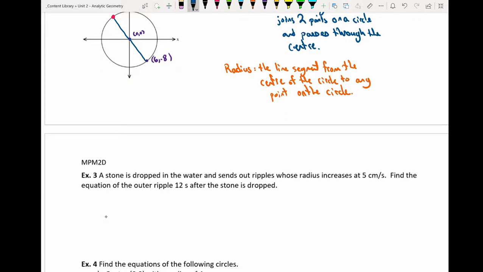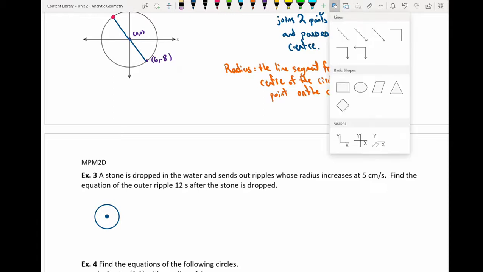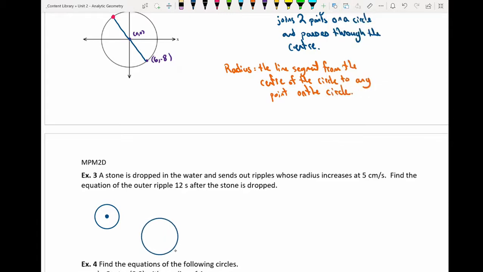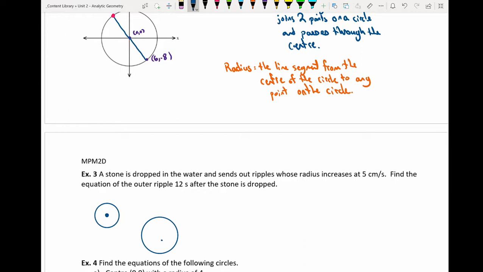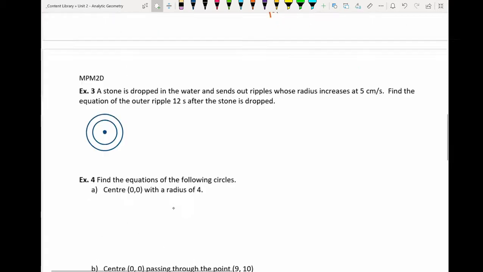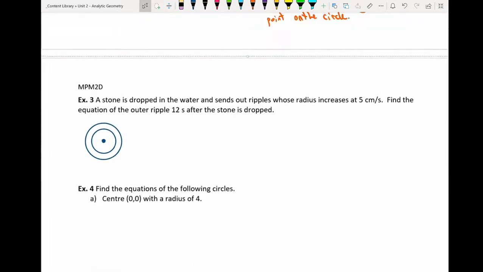So if my stone is dropped at the center, it puts out these rings or ripples that increase every 5 seconds. We want to come up with an equation for the ripple 12 seconds after it's dropped.